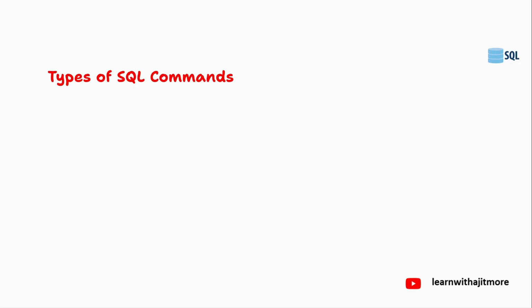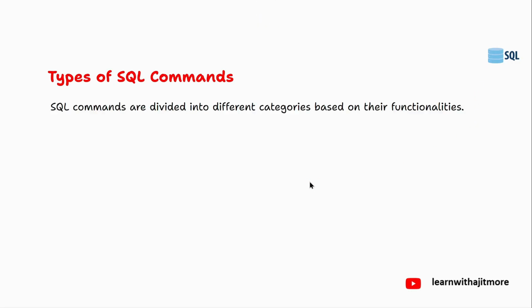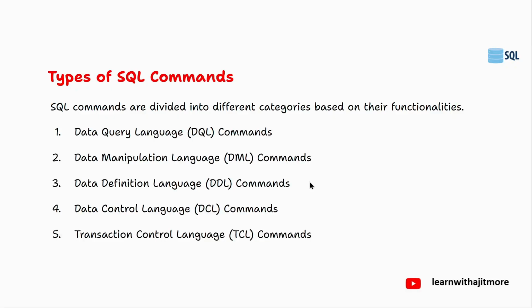Get it? But there are 5 categories: data query language, data manipulation, data definition, data control, and last is transaction control. All the 5 categories we'll learn one by one in the next session, but here I'll just list them out.